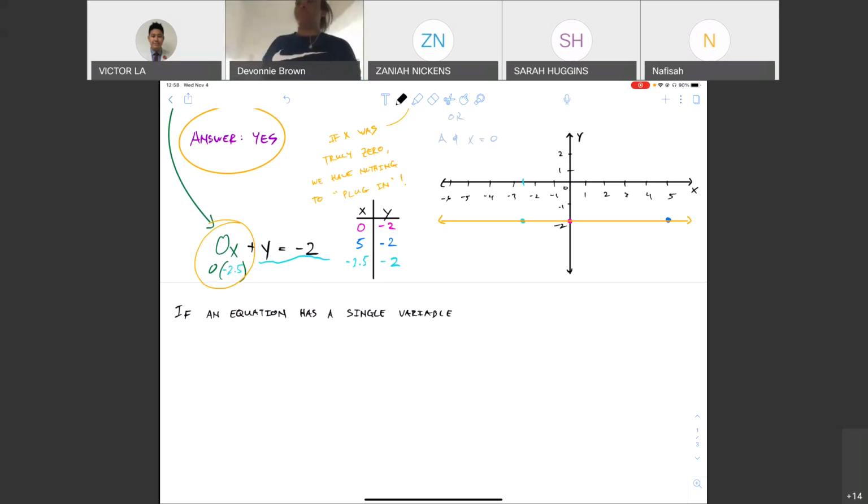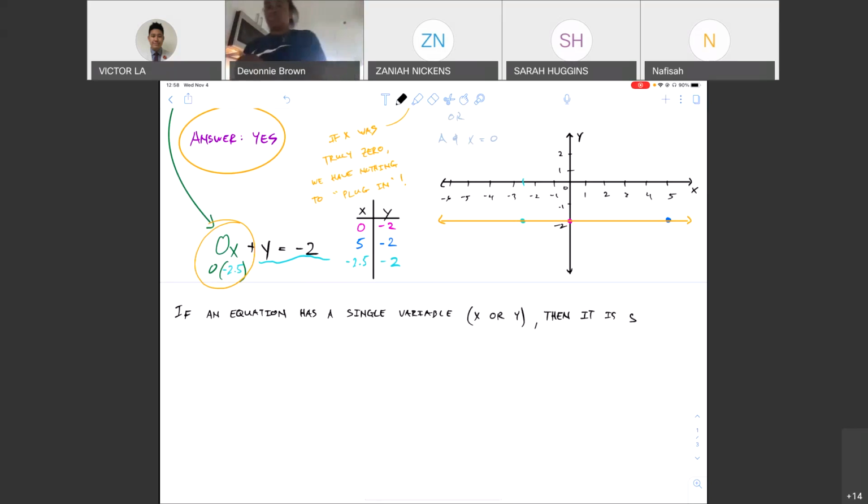That's what I mean by a single variable. You can't pick a random variable like K, J, B, C, D, whatever, because we're not talking about the ABC plane or the JK plane or some such thing, right? We're talking about the X, Y coordinate plane, right? So it has a single variable, and I'll put in parentheses here, X or Y. Then it is still a linear equation. So that's what we want to establish first.